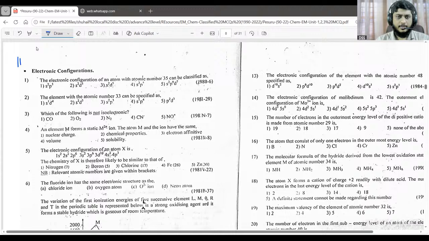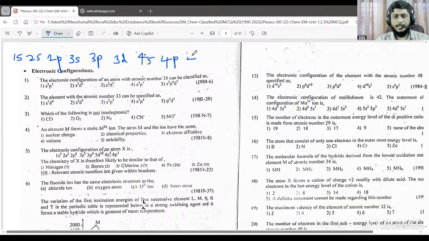Whenever you write an electronic configuration, first energy level only s, second energy level s and p. Then the third energy level: 3s, 3p, 3d, then 4s, 4p, 4d.